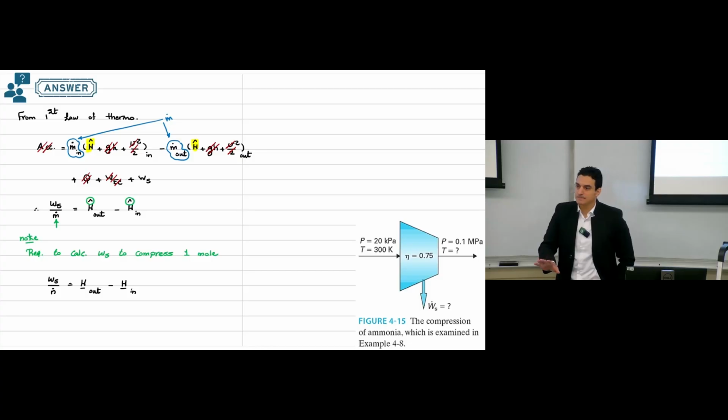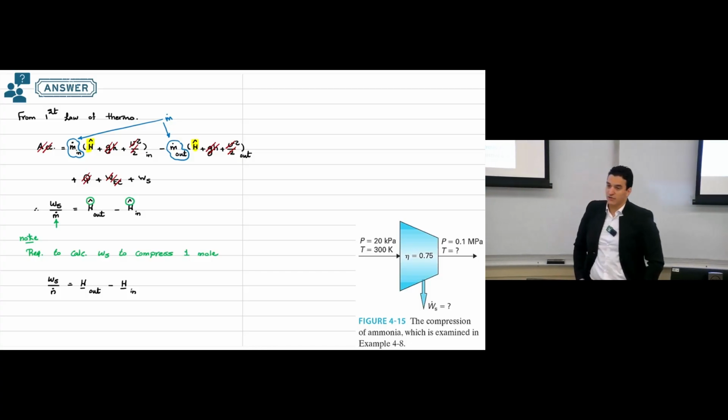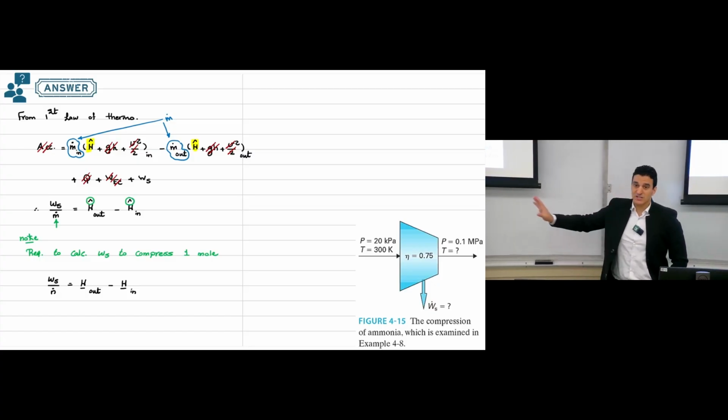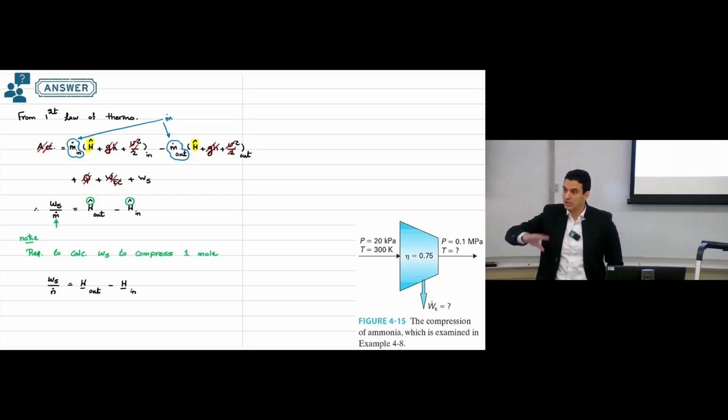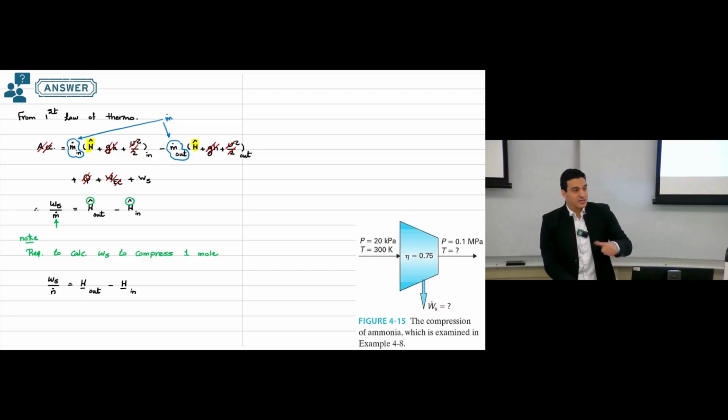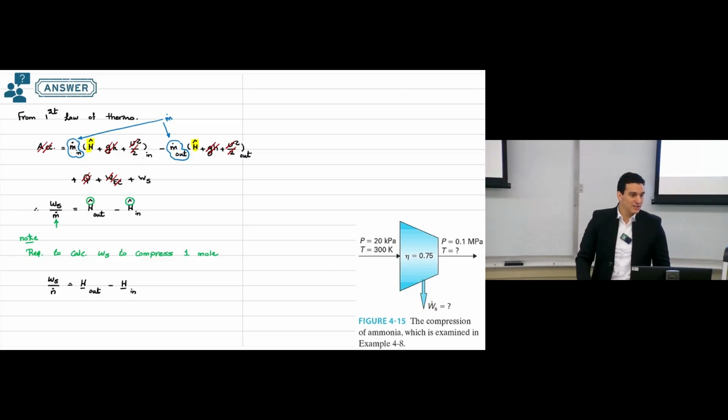So far it's clear? So this is the first requirement. What is the shaft work we have in this example? Because this is ammonia, this is not steam, so we can't use the steam tables. But he said in the problem, we can assume ideal gas behavior.